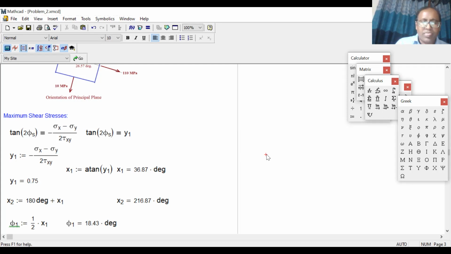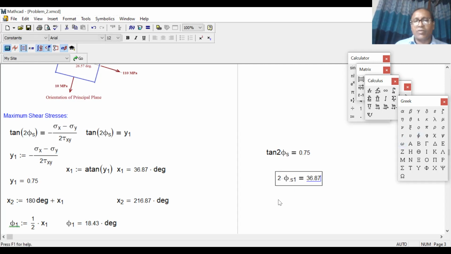I got tan 2 phi s equal to 0.75. Now I figure out phi s. So 2 phi s1 is equal to 36.87.